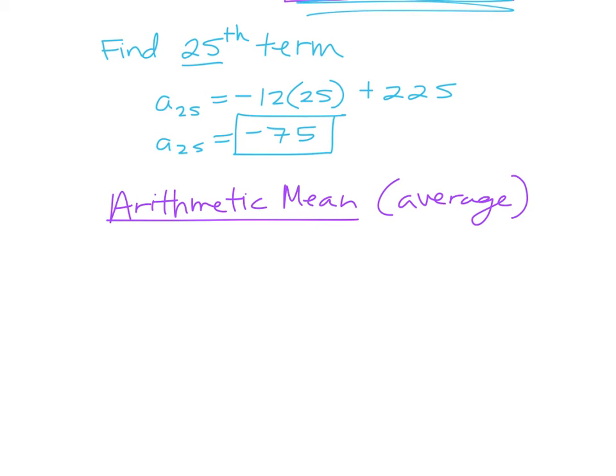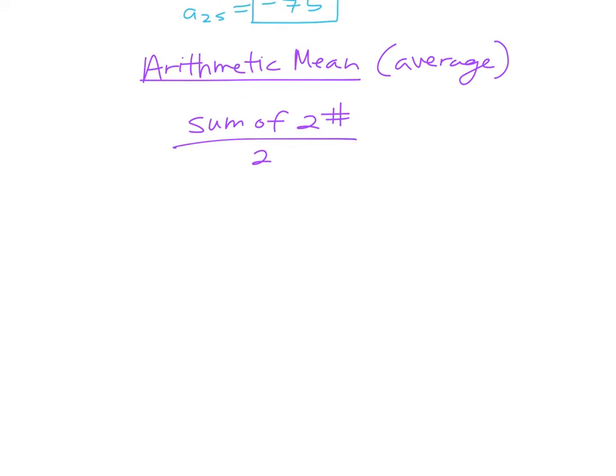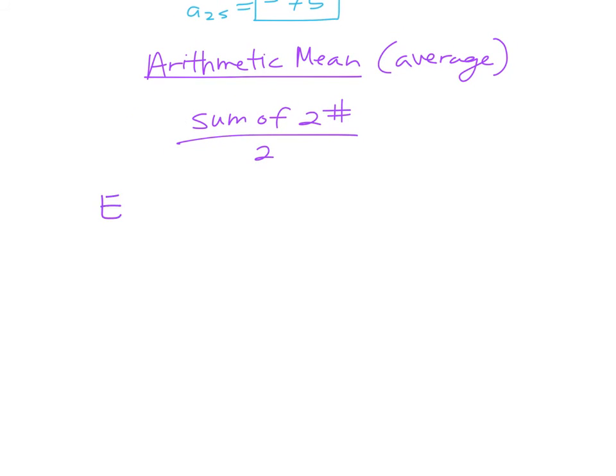So you're going to take the sum of two numbers, and if it's two numbers, what do you divide by? Two, right? To take an average, you take the sum of the two numbers you have, divide by 2, and you'll get your arithmetic mean. So, for example, number 4 here, they're going to tell you that this is an arithmetic sequence, okay? It has to be told that it's an arithmetic sequence, otherwise you can't use this rule.